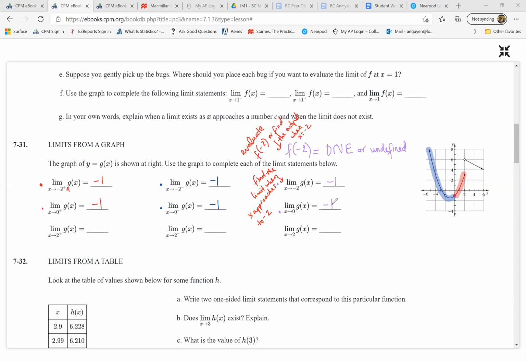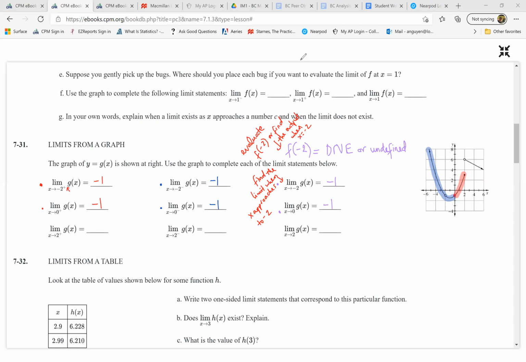The limit is just the y value, okay. Anything else? They are the same, all right. Okay, that's good for now, and we can move on to the last part.